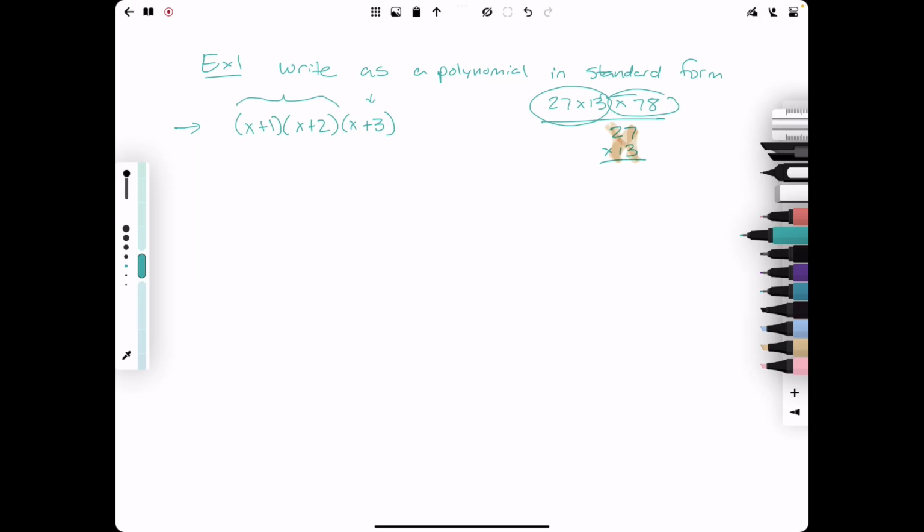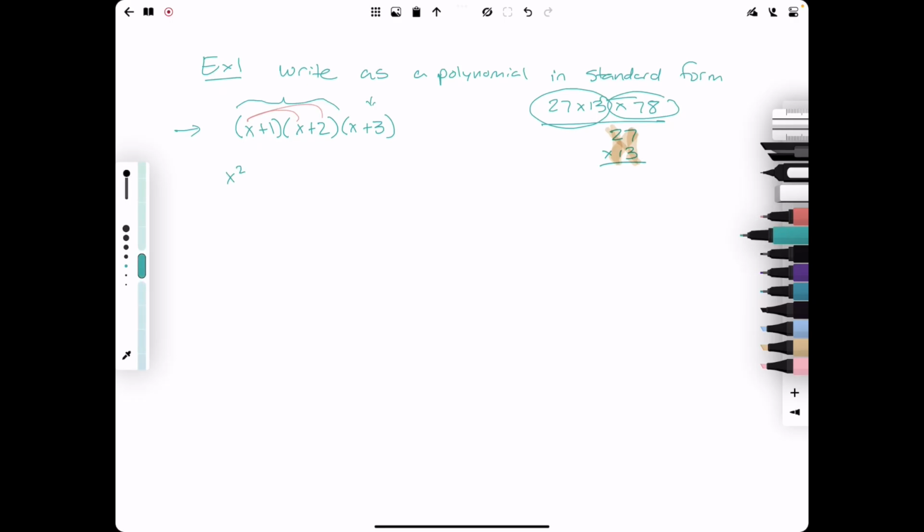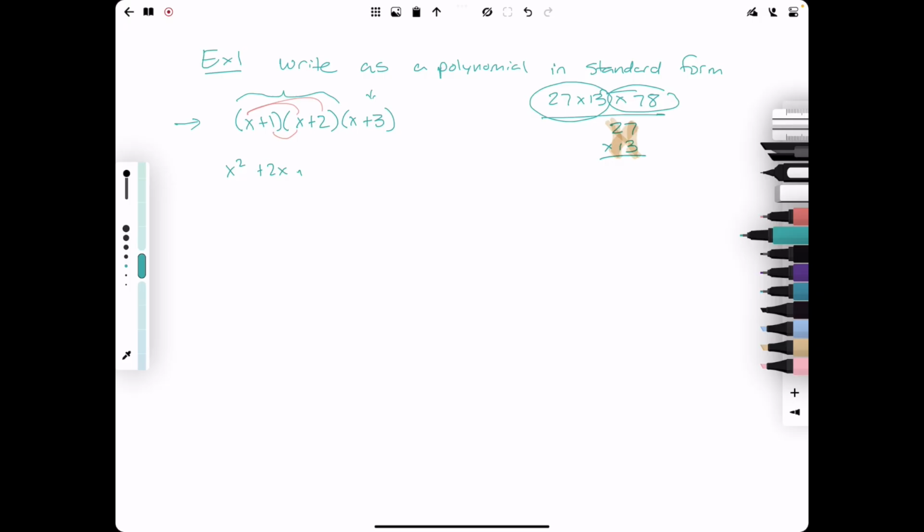Okay? So the first one is going to be foiling. x times x is x squared. And then x times the 2 is 2x. And then I'm going to have 1 times x, x, and I'm going to have plus 2. And that's still all in parentheses because that's all one product that's going to be multiplied by the x plus 3.